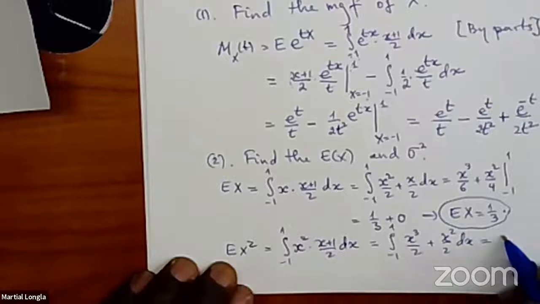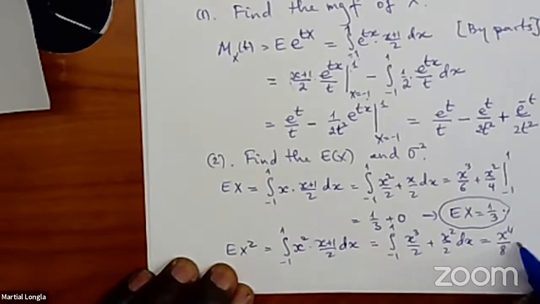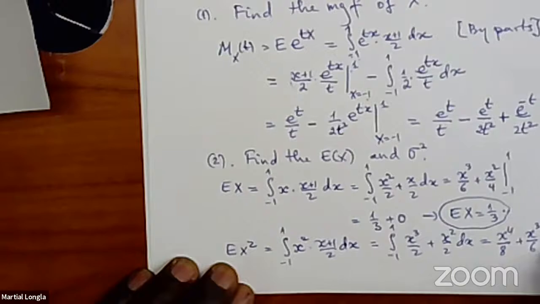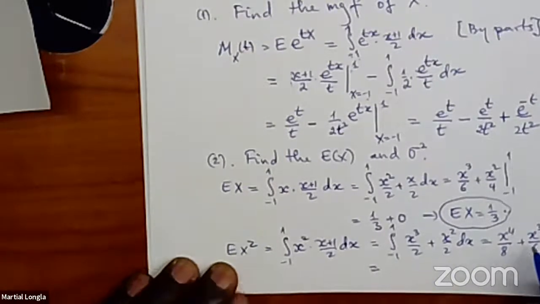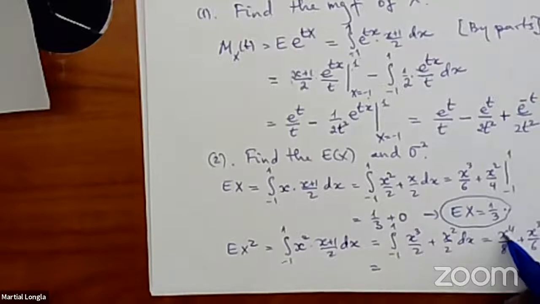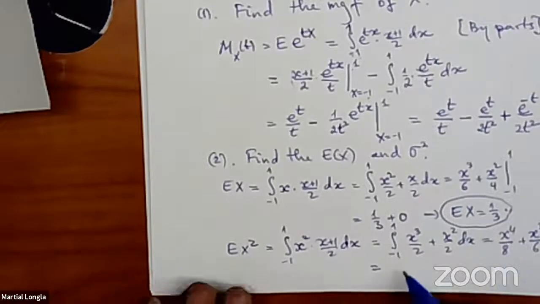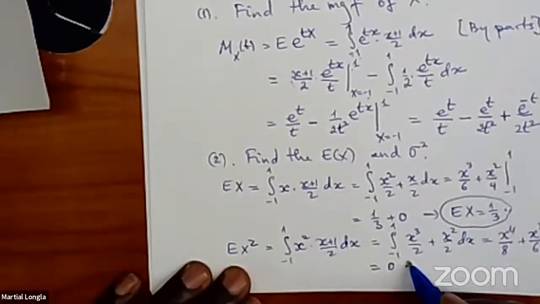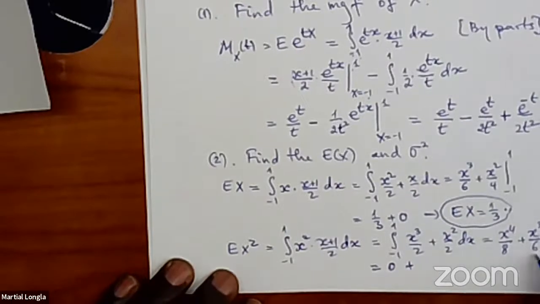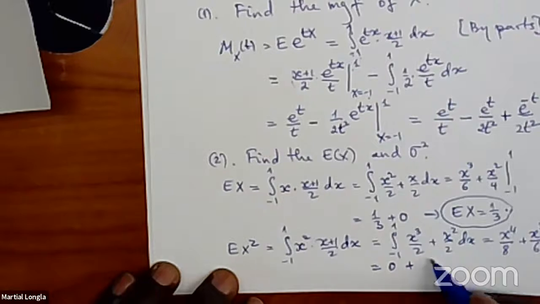You integrate, you get x to the 4th over 8 plus x cubed over 6, plug in minus 1 and 1. When you plug in 1, you get 1/8 minus 1/8, so that's 0, plus 1/6 minus minus 1/6, so that is 2/6 again.